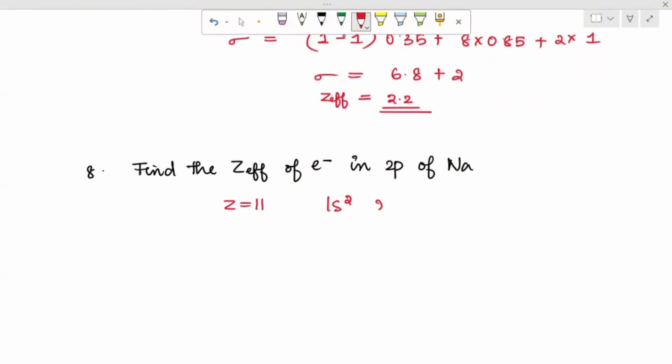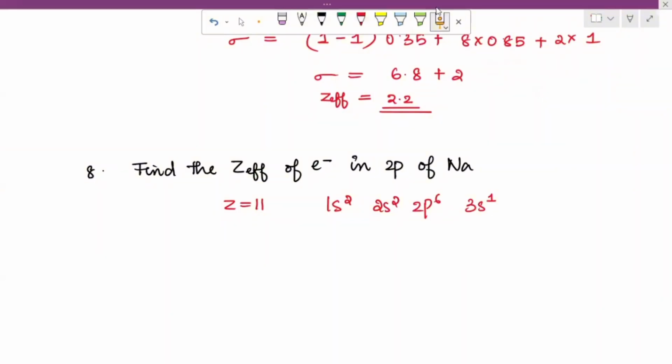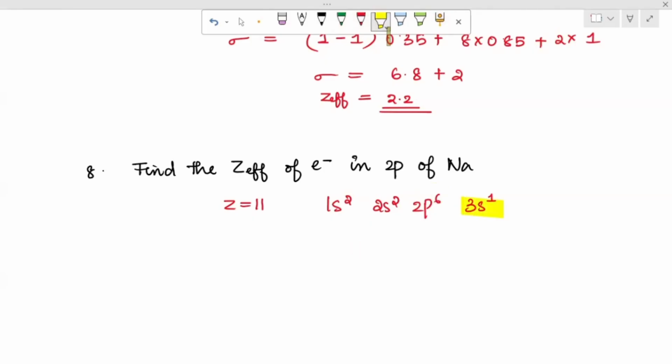Configuration is 1s2, 2s2, 2p6, 3s1. So you have to consider the effective nuclear charge felt by one of the electrons which is in the second shell. So whoever is there after the shell that you consider in the question, these won't participate in shielding. Doesn't that make sense? Does not participate in shielding. Isn't that true?